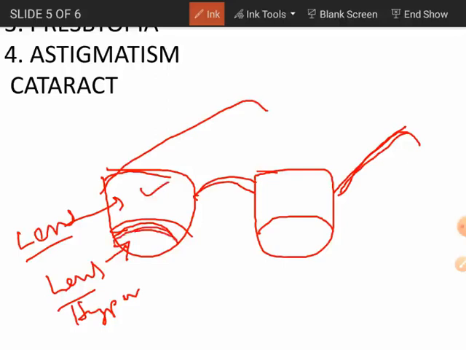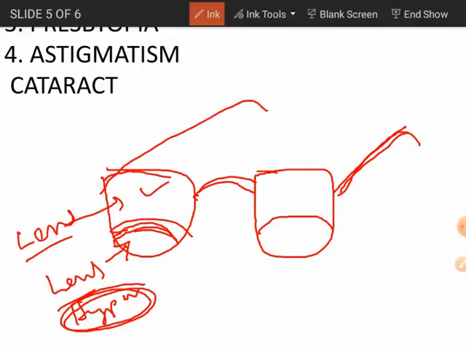For observing nearby objects, that will be the remedy for hypermetropia. In hypermetropia we use a convex lens, right? So the lower part of the lens must be a convex lens, and the upper part will be a concave lens.